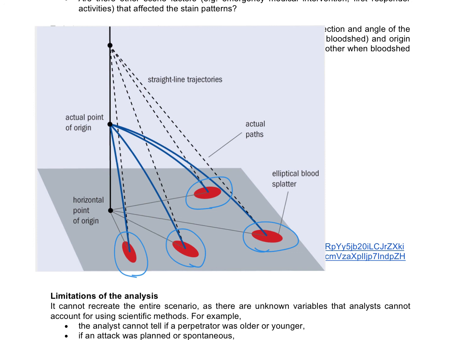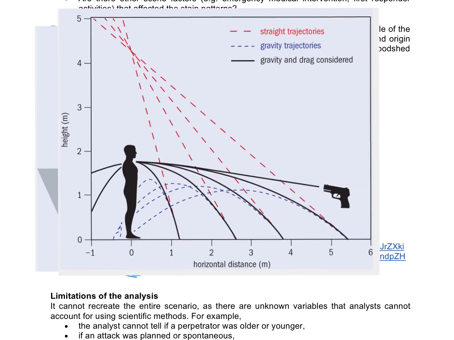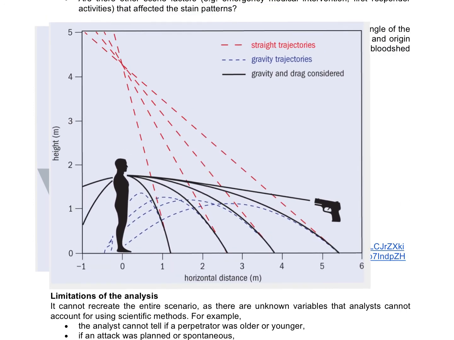So these are the parent drops that he used to determine the area of convergence. Another example. Now, this is how they find the area of convergence, the trajectories, and determine where the victim is standing and where the criminal holds the gun and shoots.